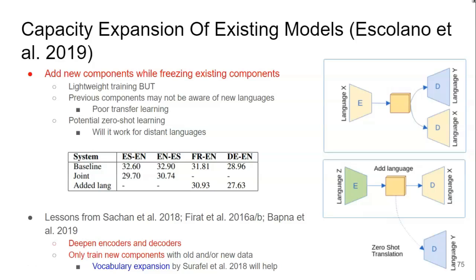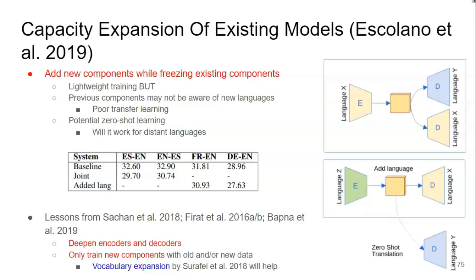So that means only the parameters for the encoder corresponding to language Z will be updated. Now, because language X and language Y on the target side are already aligned, this might enable some kind of zero-shot translation for language Z to language Y.